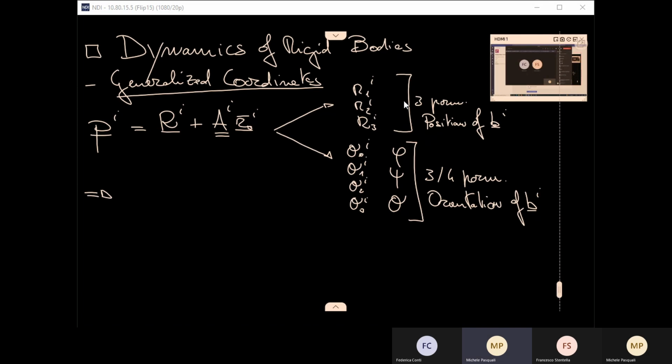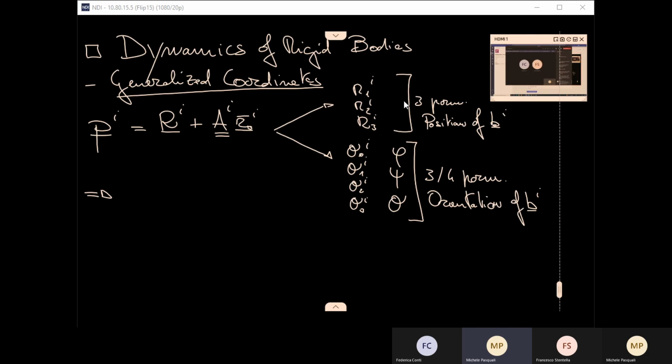Why are they called generalized coordinates? Because these parameters, which are also called coordinates, have general natures. We can have displacement, so this can be a length. This can be a rotation. Some of them are angles, for example in the case of Euler's angles.